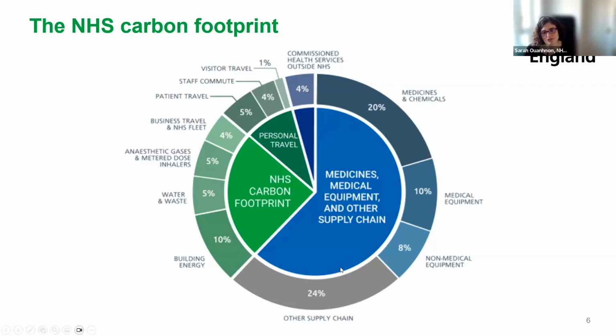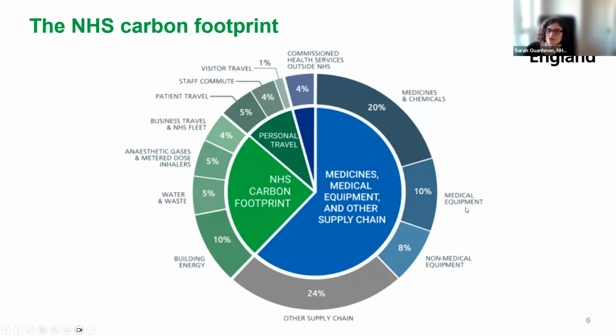Out of those emissions, what is really significant is medicines. Medicines alone account for 25% of our footprint, because we've also embedded some in our direct emissions. And then just behind that, we have all of our medical equipment.